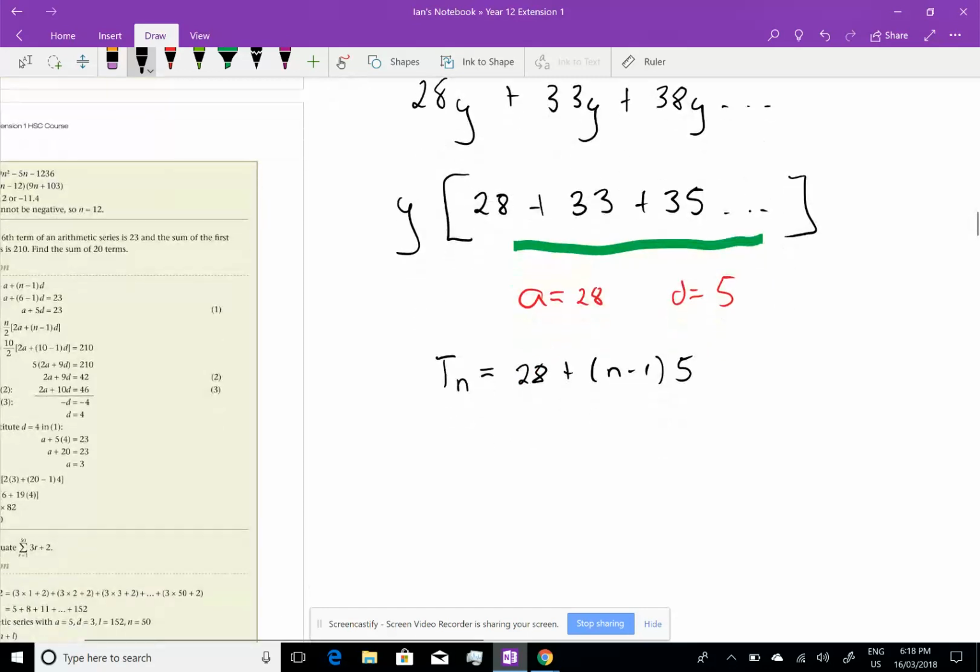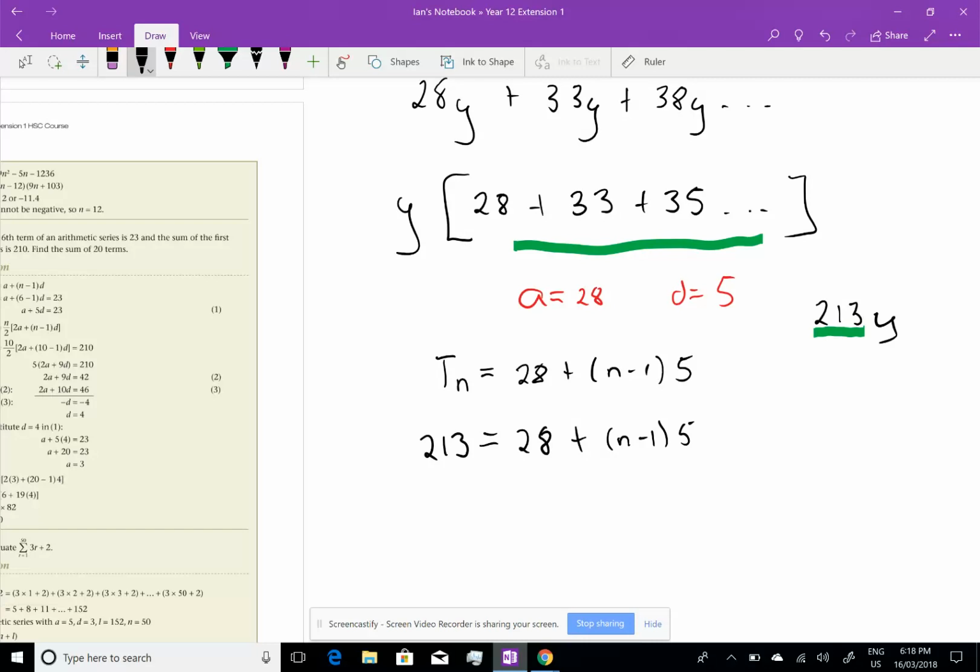Now they want to find 213y. So I just want to find when T of n equals 213.